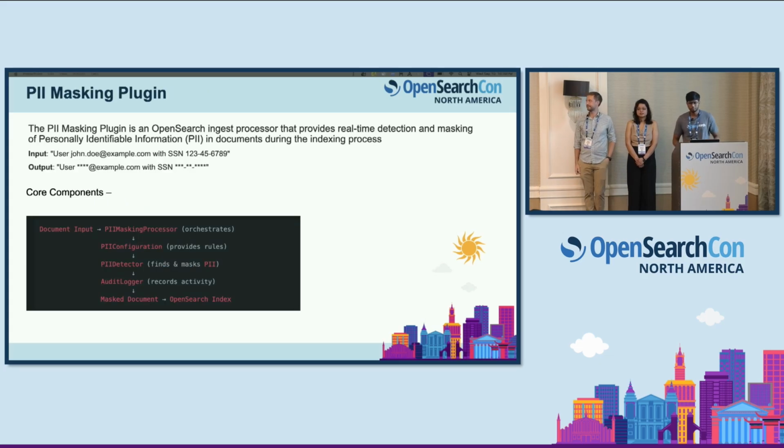So I'll briefly cover what the PII masking plugin is. It's basically a classic example of an ingest plugin, which helps users to mask their personally identifiable information, I like to call it PII, during the indexing process.